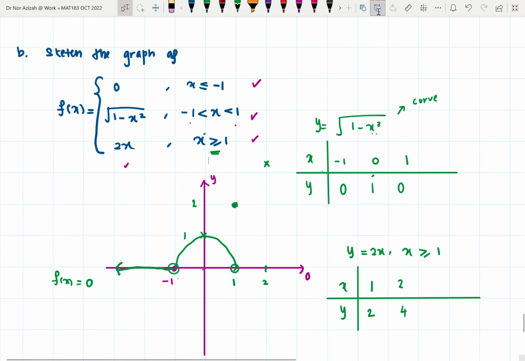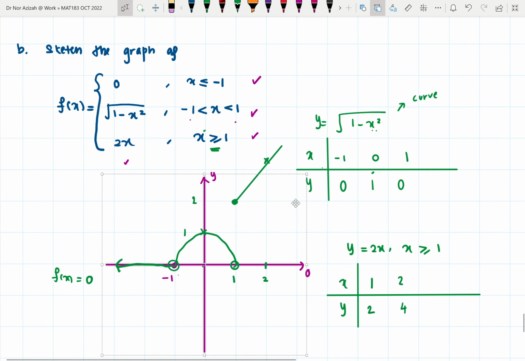So you can draw a line here that passes through these 2 points. Okay, so it goes upward. Okay, that's the graph.